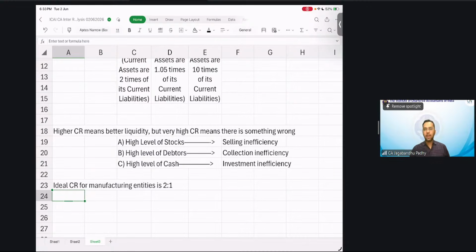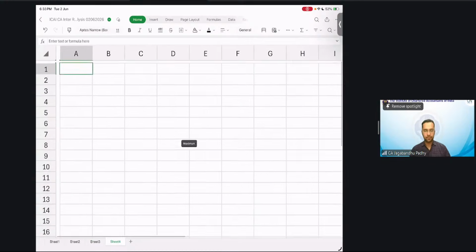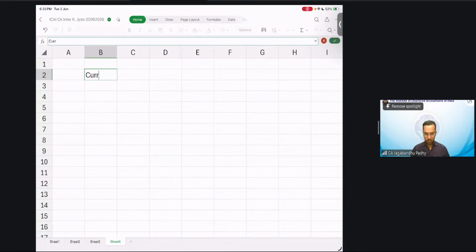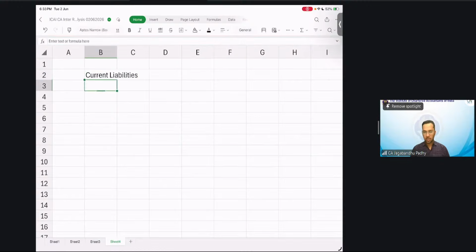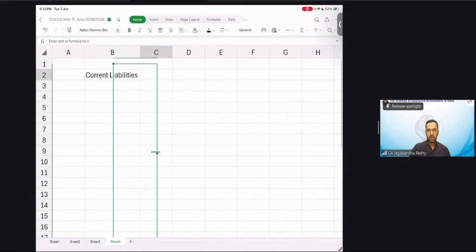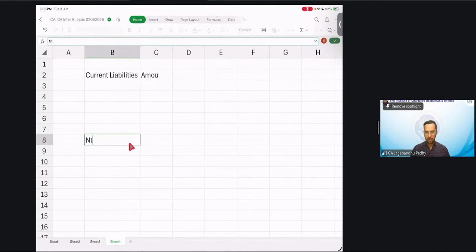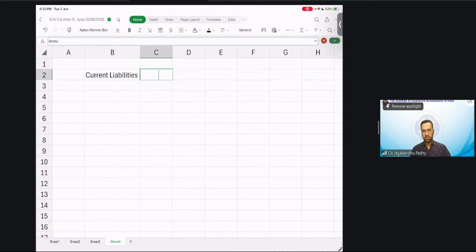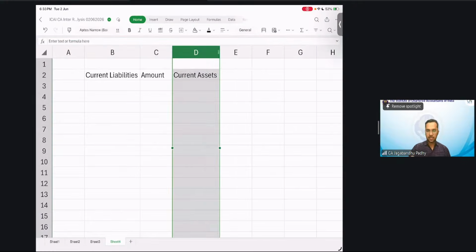Now, let me demonstrate one more important aspect to you. Let's say we have certain level of current liabilities, and then we have current assets.